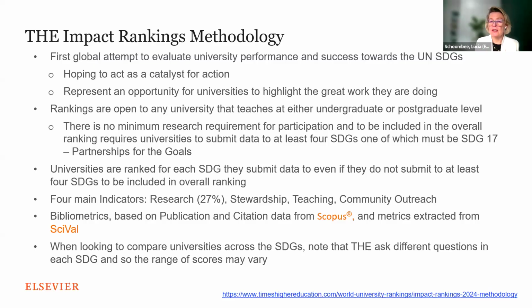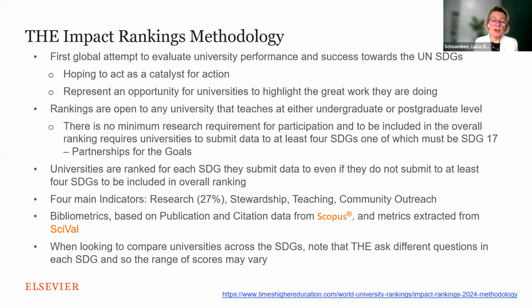So what sustainability projects are available within the institution? How does it manage sustainability within the institution? In teaching, what is the curriculum? How is the curriculum adapted to the Sustainable Development Goals? And then also community outreach. So what programs are there for the community?